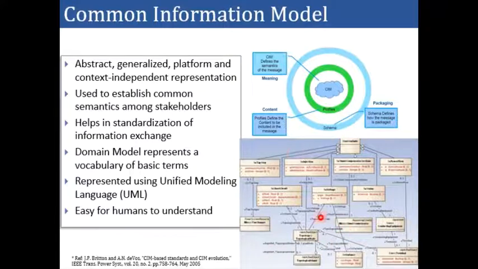UML is a commonly used software language for the graphical representation of information, and it helps you to understand how the various classes are associated with each other. One such example we will see to understand how UML is utilized for the representation of information. Why we utilize UML? Because it is very easy for human beings also to understand how the structure of the information is created.